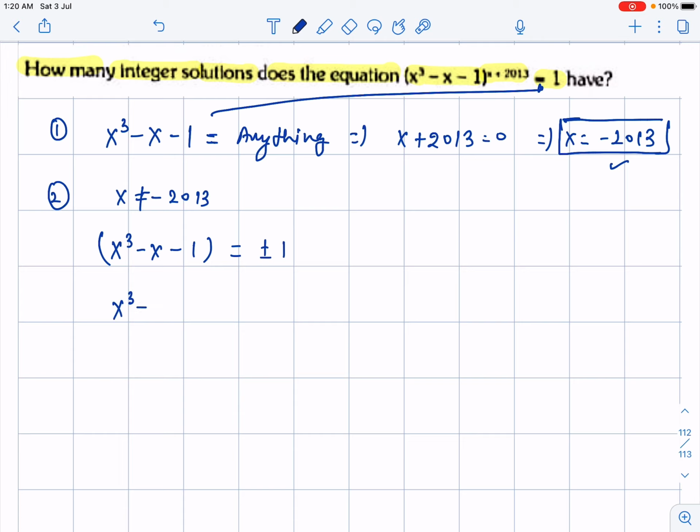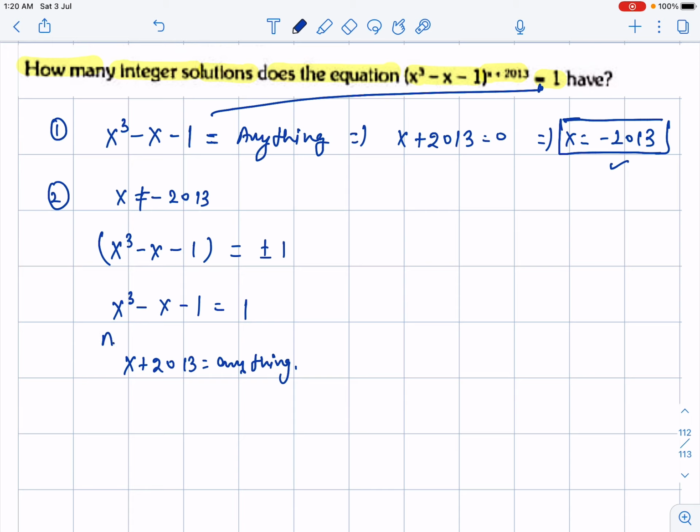So x cube minus x minus 1 is equal to 1. Then x plus 2013 can become anything, because 1 to the power anything is 1 only we are knowing. So I would have to take the intersection of these two things.